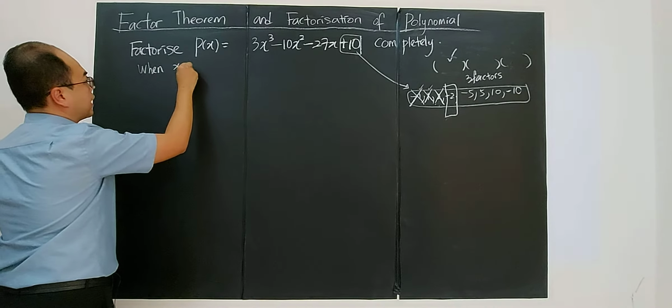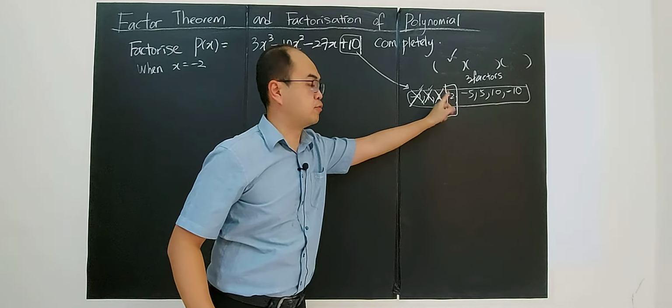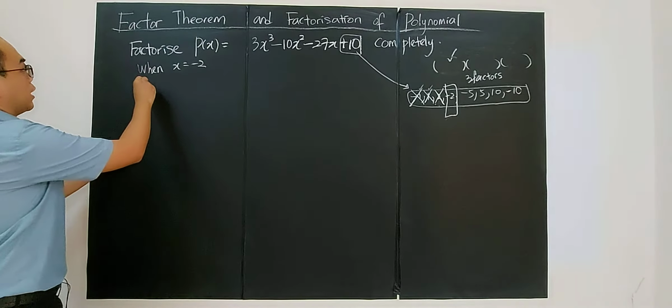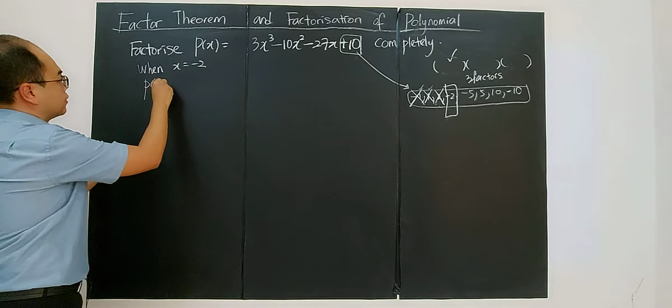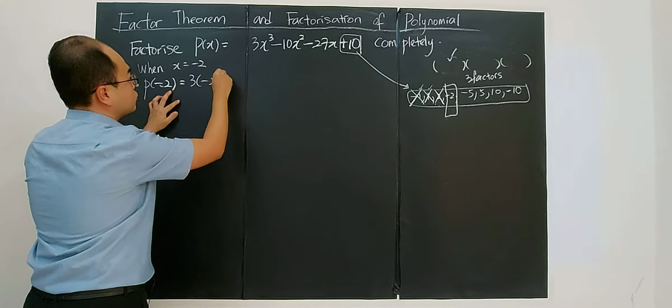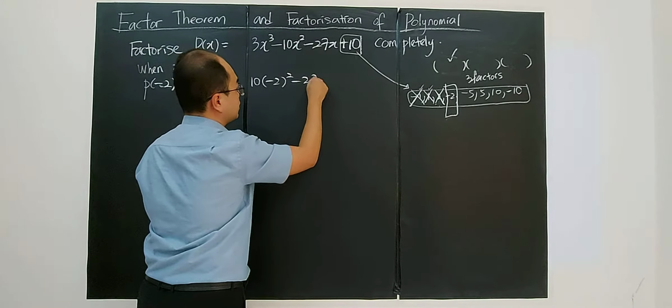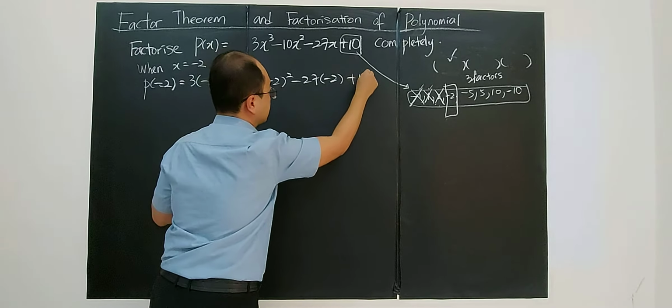When x equals -2, from the calculator, I observe -2 is a zero. So I substitute P(-2) into here: 3(-2) cubed, -10(-2) squared, minus 27(-2), plus 10.